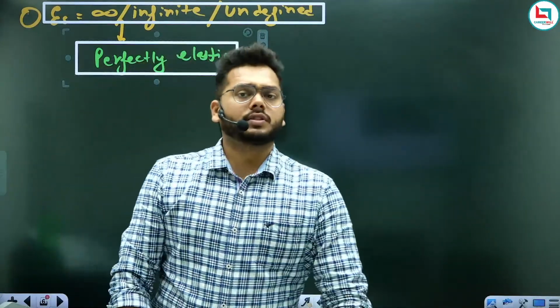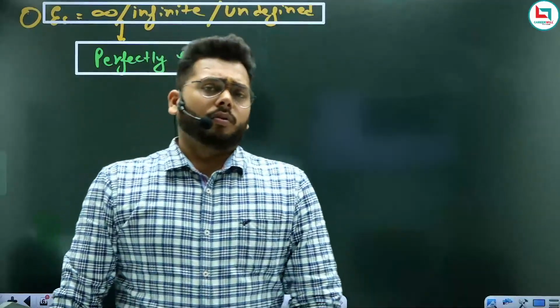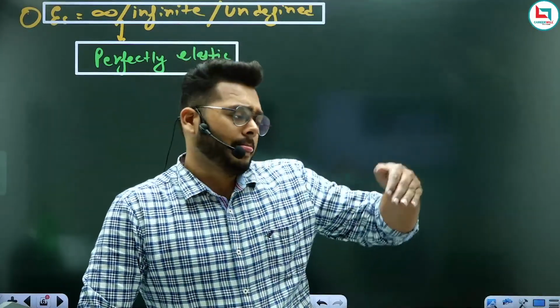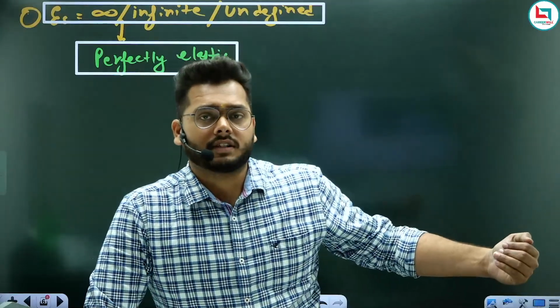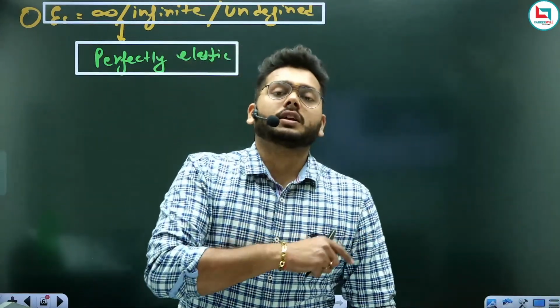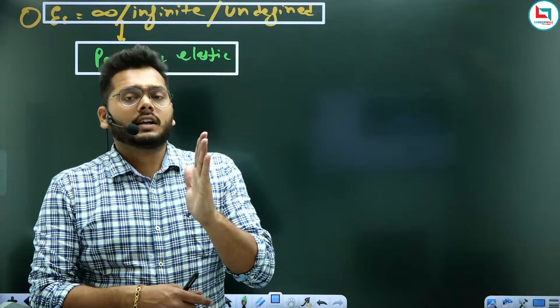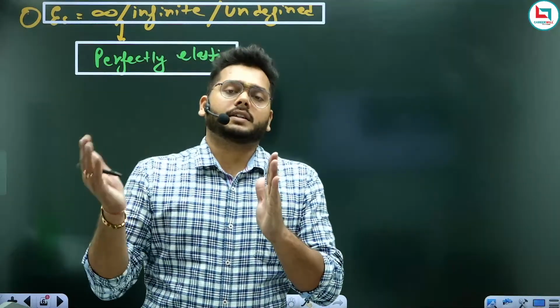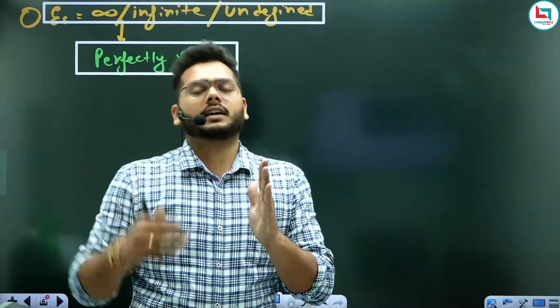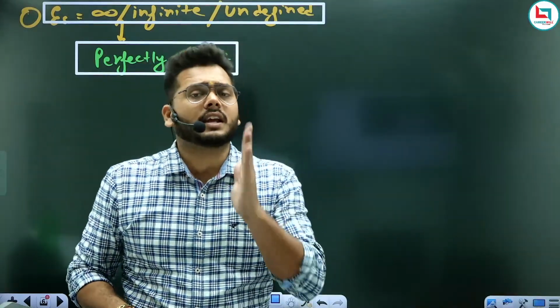Sir, what do you mean to say? Kindly explain it. Now this is just the opposite situation of the previous one that we have discussed, that is perfectly inelastic. In that situation, quantity is constant after the change in the price. Price sometimes increases, sometimes decreases, but the quantity supplied by the producer will be the same.